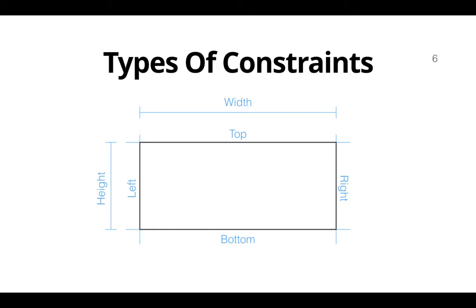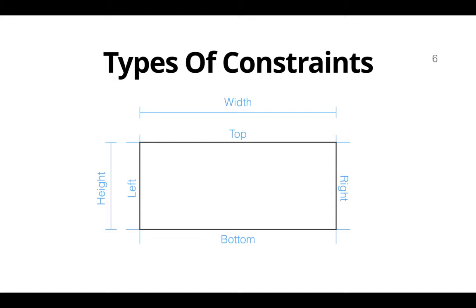And the top and the bottom basically do exactly the same. So with the left and the right, you can align stuff in the X direction. And with the top and the bottom, you can align stuff on the Y direction of your canvas. Then we also have the width and the height, which is pretty self-explaining. It sets the width and the height.